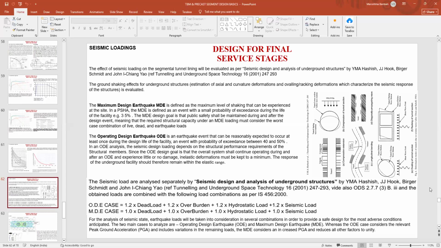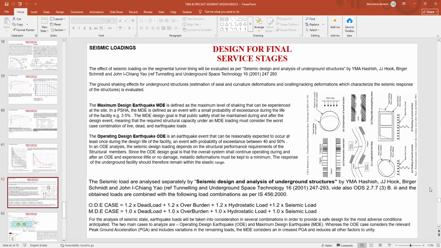But nowadays, it is mandatory that you define your seismic load separately. You cannot use the seismic coefficient, because you have to take into account the ovaling effect and the racking effect. Due to the seismic there might be ovalization of the segmental lining, or there might be lateral shifting of the segmental lining, depending on the frequency of the wave or how the waves are transmitting through the ground.